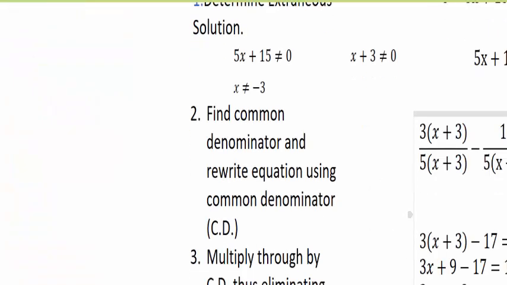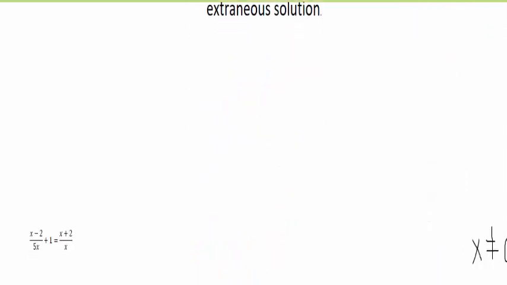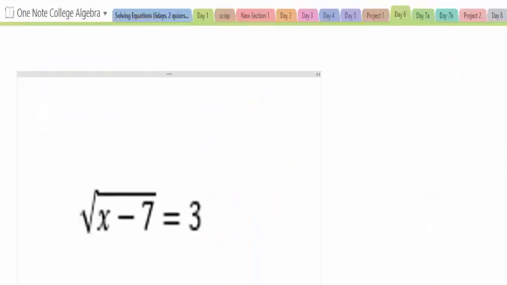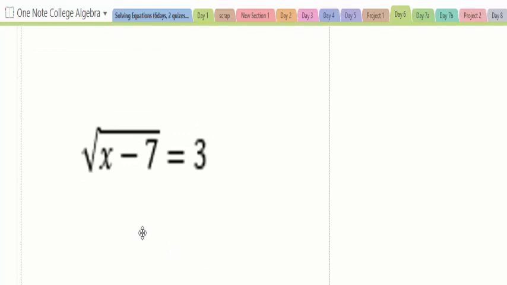Now we're going to move on to radical equations. Radical is our name for the square root, cubed root, and so on and so forth symbol. This is a radical equation. So the first thing you have to do to solve this is opposite operation.